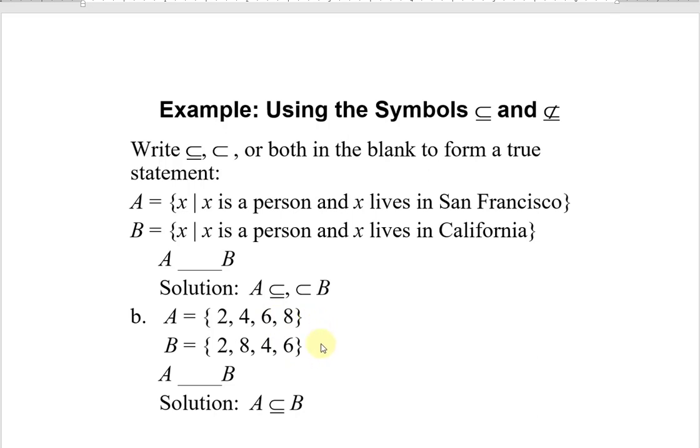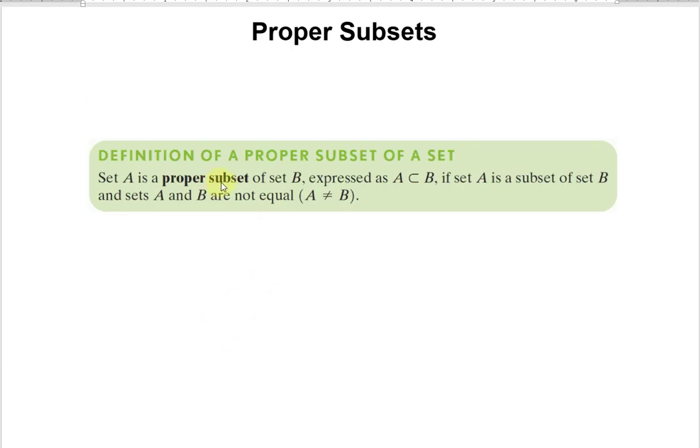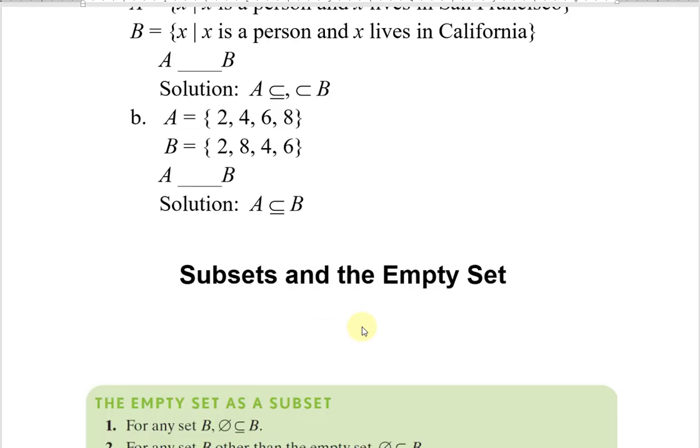In this case, A equals B, and if A and B are equal, A cannot be a proper subset of B. The proper subset only happens when A is not equal to B.